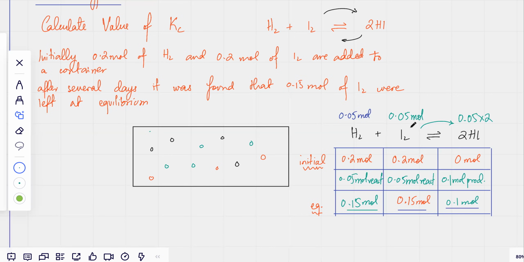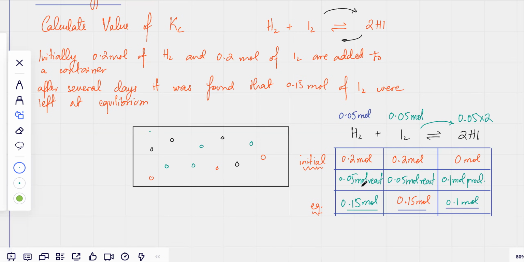So I2 is not going to react alone. I2 reacts with H2, right? So if 0.05 moles of I2 is reacting, one I2 reacts with one H2, so 0.05 moles of H2 must have also reacted. Do you get the point? Oh, okay.